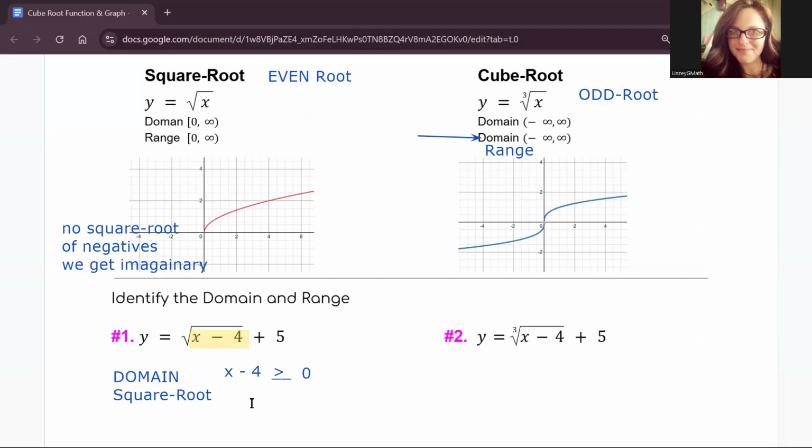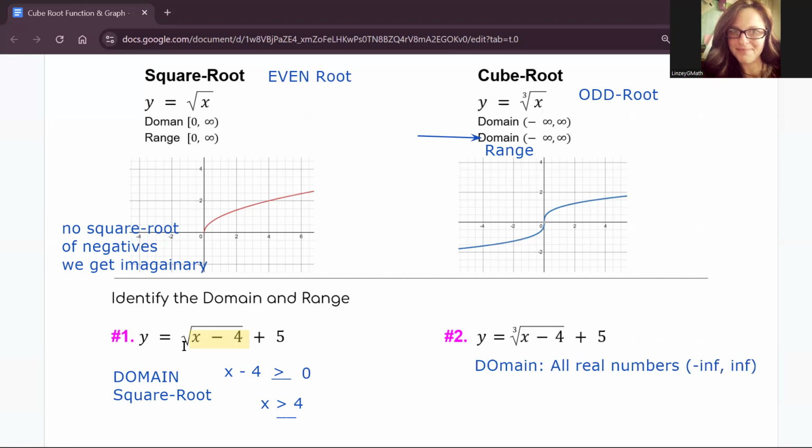And we'll add 4, and we get x is greater than or equal to positive 4. So that is our domain for this function. The domain for a cube root function is all real numbers, negative infinity to positive infinity. We don't have any domain restrictions.